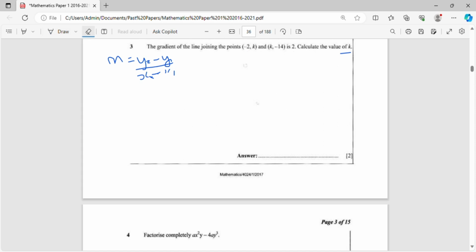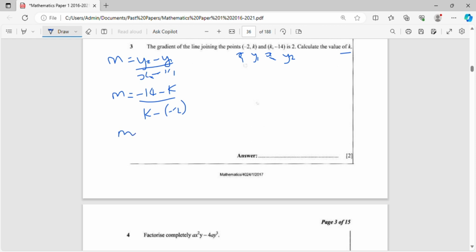So we'll label our coordinates. You can label them however you like, but the first coordinate is our x coordinate and our y coordinate. So this will be my x1, y1, my x2, and my y2. So gradient will be equal to y2, which is -14, minus y1, which is k, over x2, which is k, minus x1, which is -2.